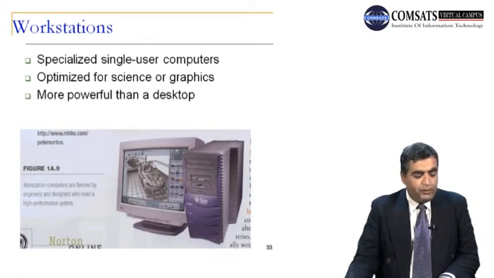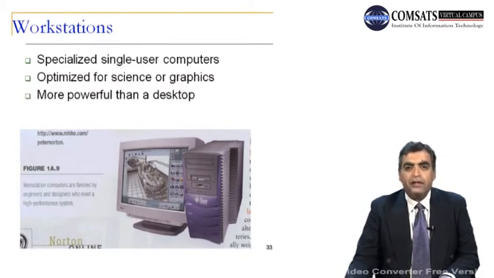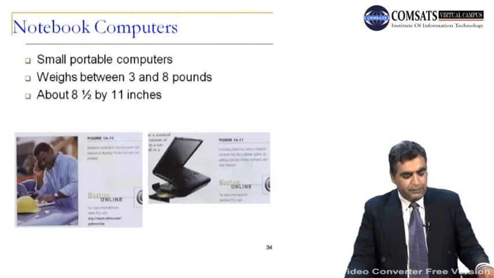These machines are very popular among scientists, engineers, and animators who need a system with greater than average speed and the power to perform sophisticated tasks. Workstations often have large, high-resolution monitors and accelerated graphics cards, making them suitable for advanced architectural or engineering design, modeling, animation, and video editing.